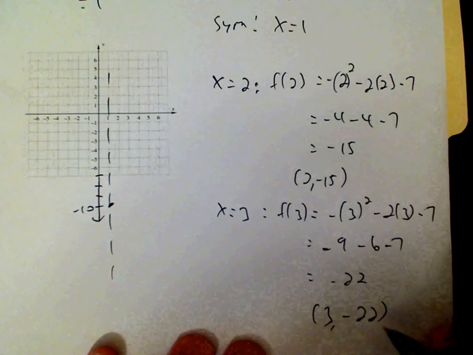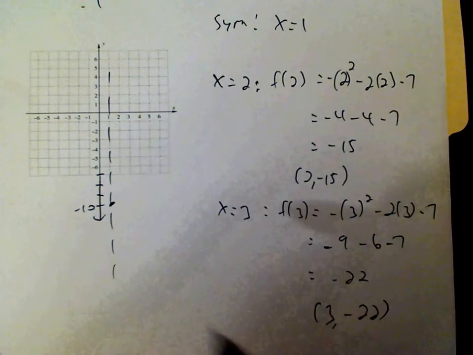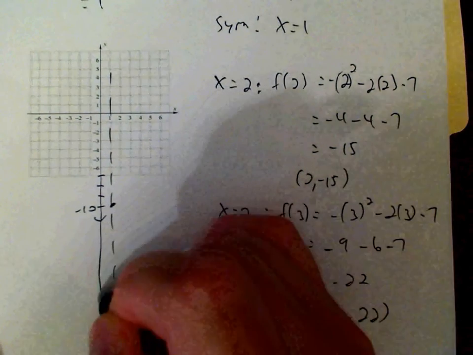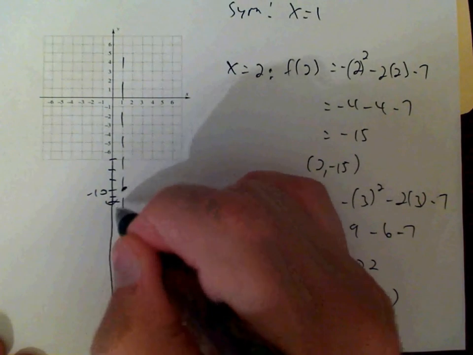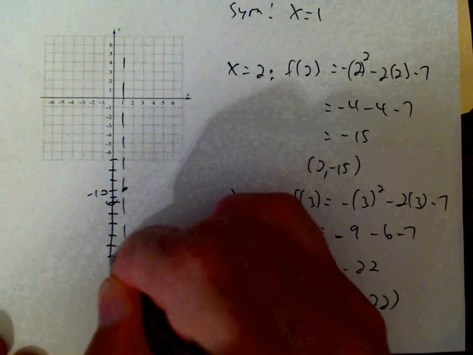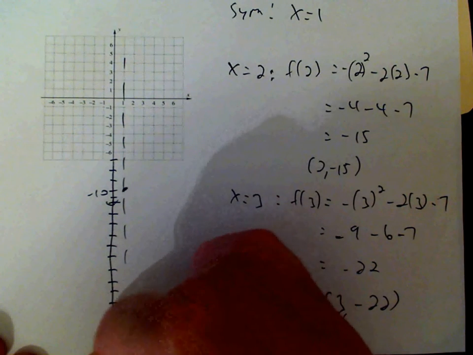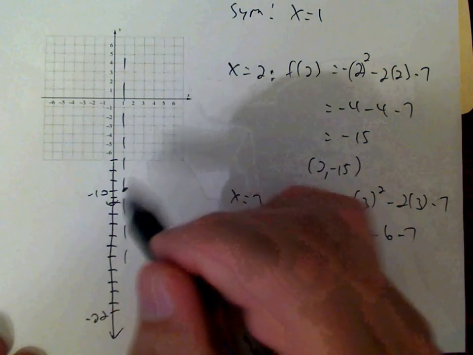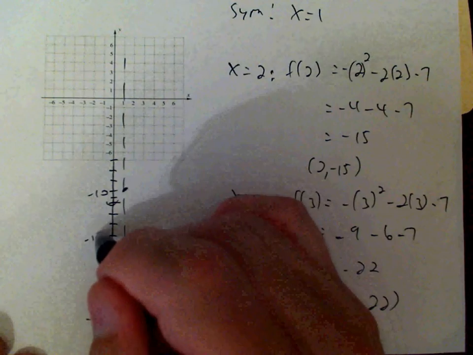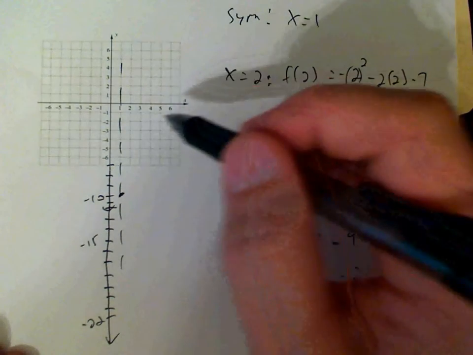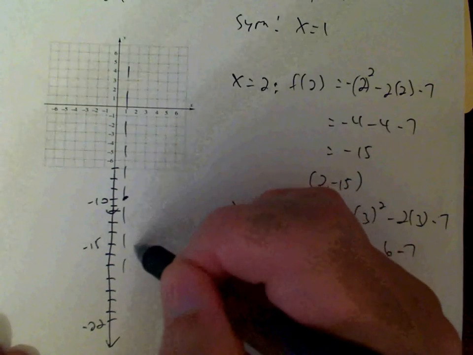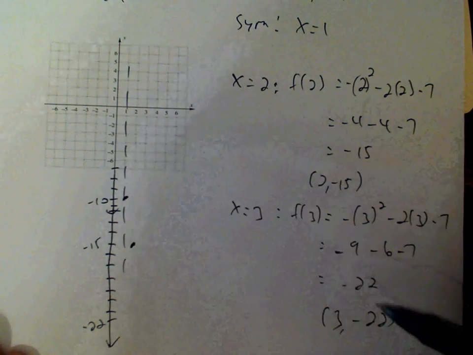Which means I got to extend this a whole bunch further down. So 10, let's go 11, 12, 13, 14, 15, 16, 17, 18, 19, 20, 21, 22. So, we got 2 comma negative 15 is about right here, and 3 comma negative 22 is about right there.